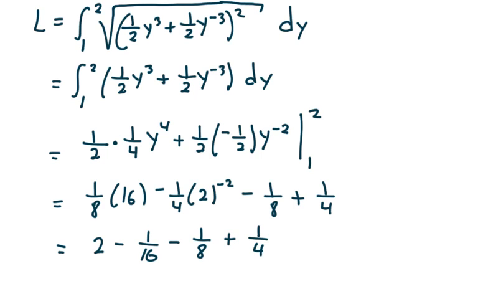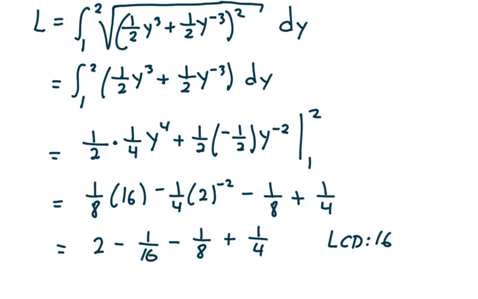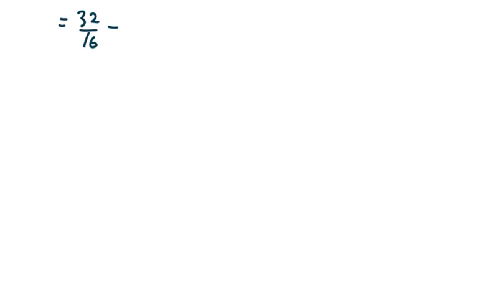Common denominator is 16, so that's the LCD. And so this is going to be 32 over 16 minus 1 over 16 because that's the LCD.